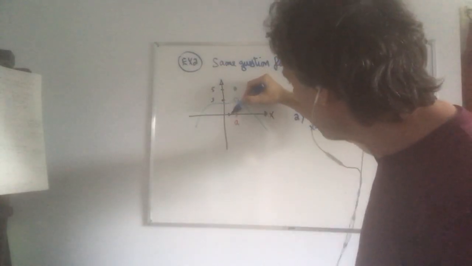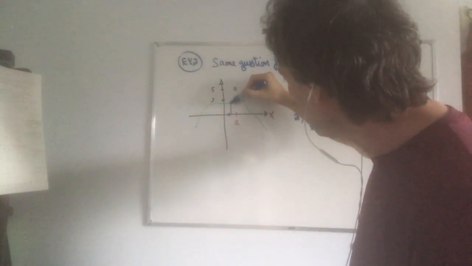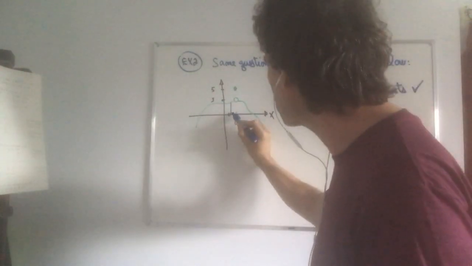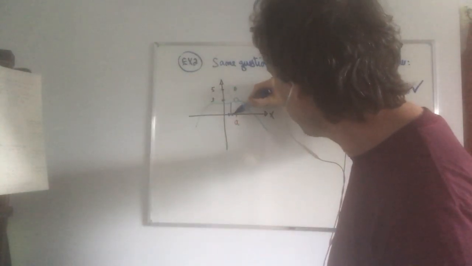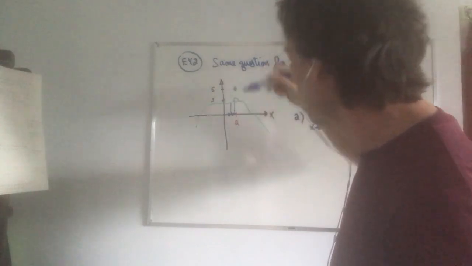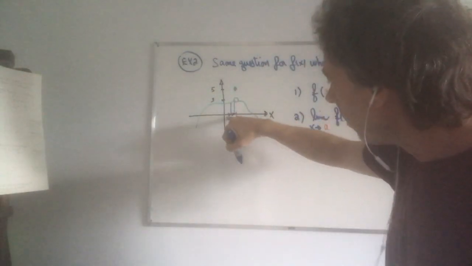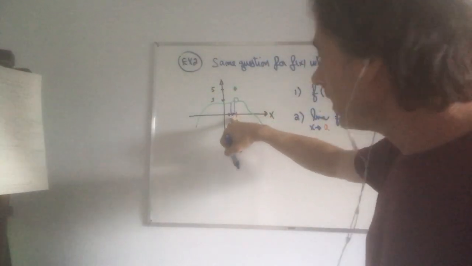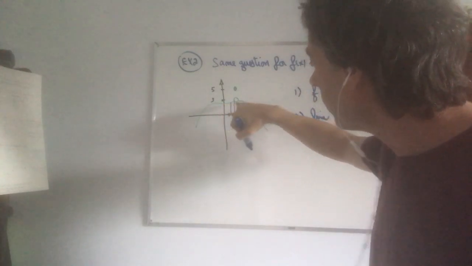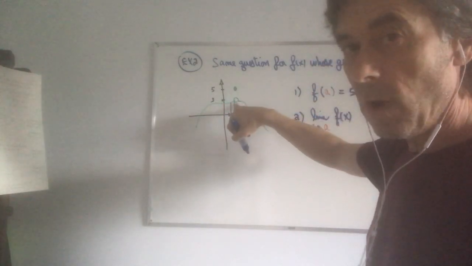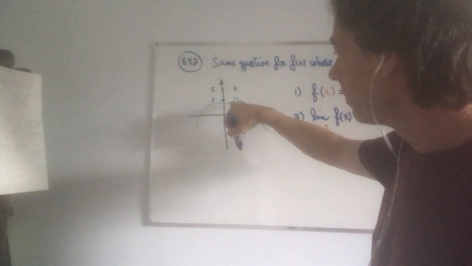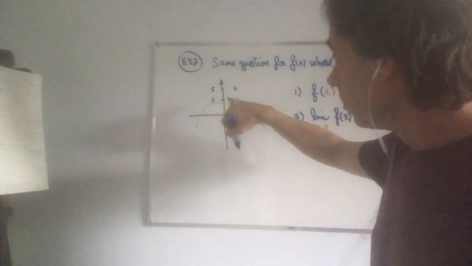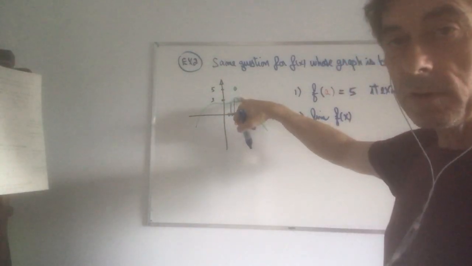Where is the function if I am here? Let me get closer. Where is the function if I am here? And so on and so forth. As I get closer and closer to a from the left side, the function gets closer and closer to what y value? 3.